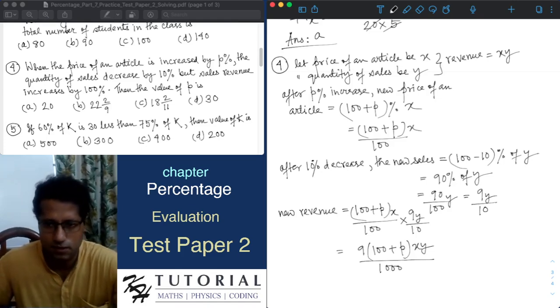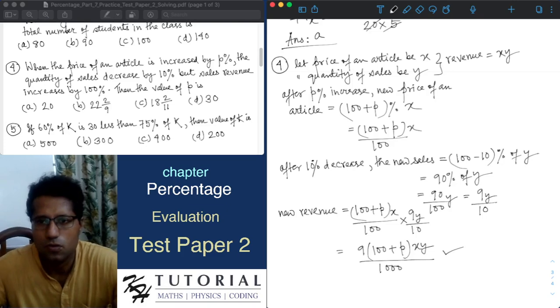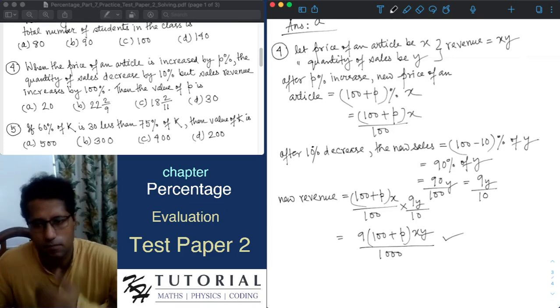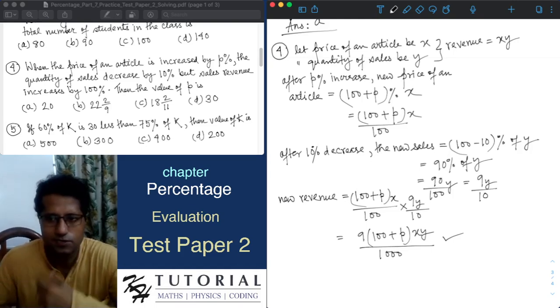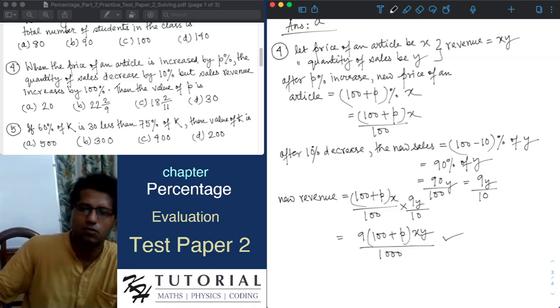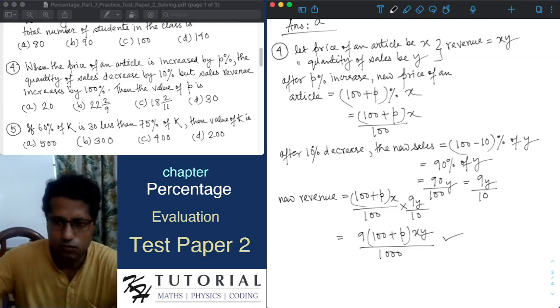So it is saying that XY, the previous original revenue, got increased by 100%, and if we increase XY by 100%, we should get the new revenue.